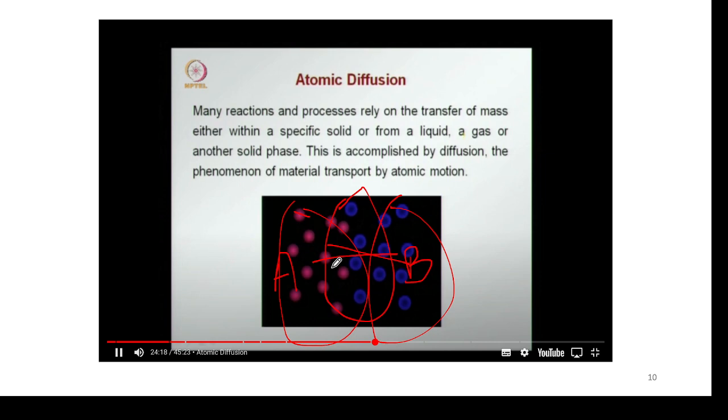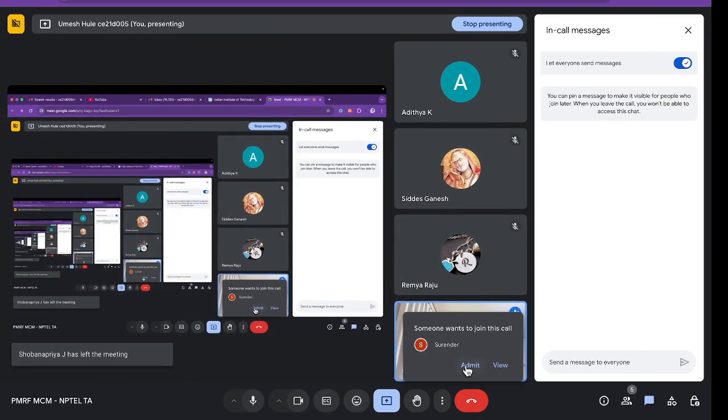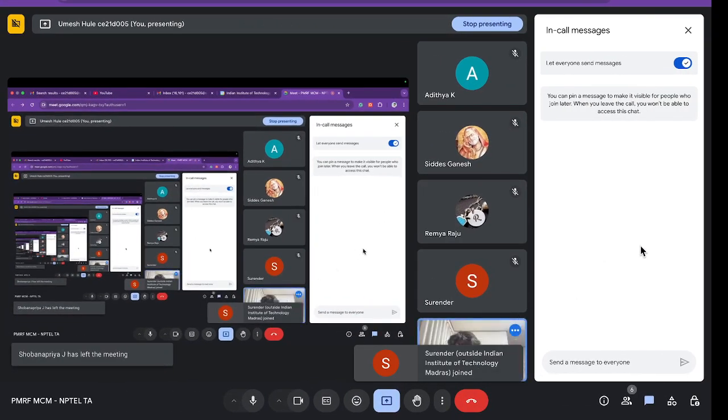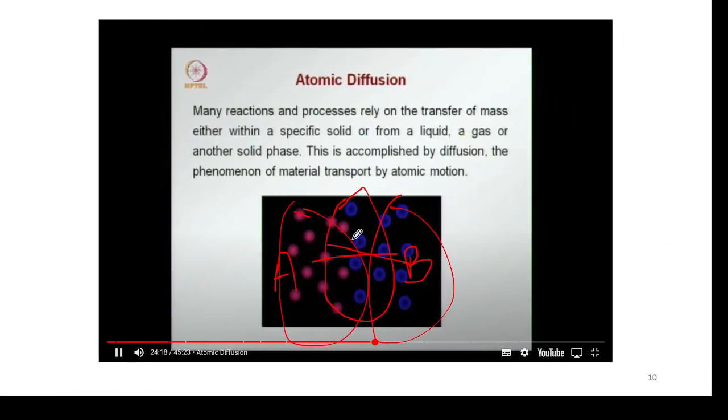A high amount of energy is required so that they change their shape and state to a liquid state, and then they can become one unified material. So, the activation energy is required to start atomic diffusion. It is not that easy, and it depends upon the material properties.